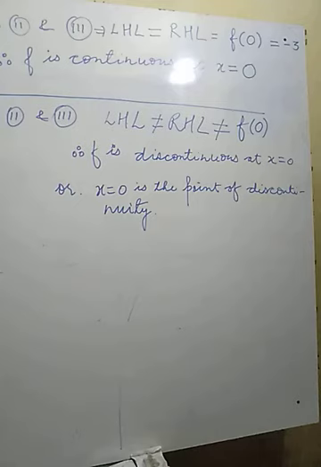If they are equal, the function would be continuous at that point. If the value of f(x), the left hand limit LHL, is not equal to RHL, the function is discontinuous at that particular point.